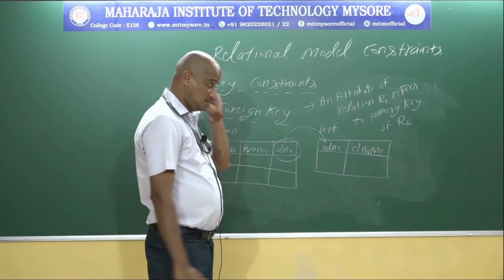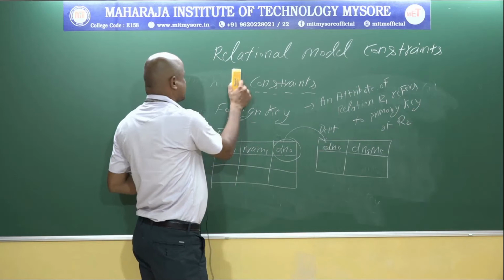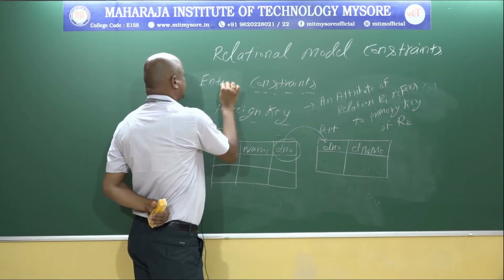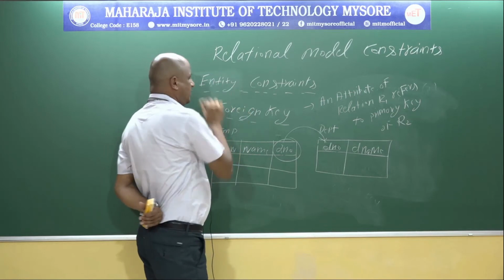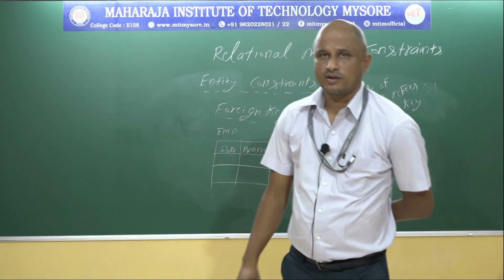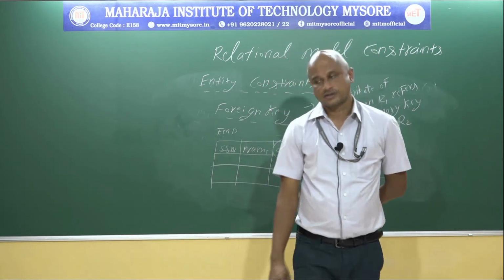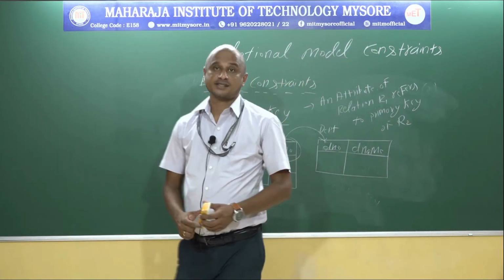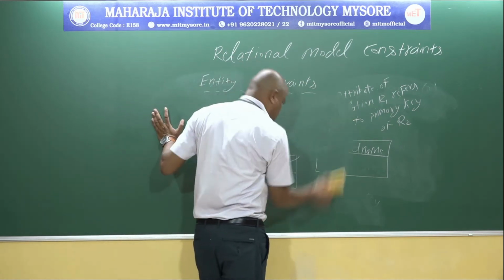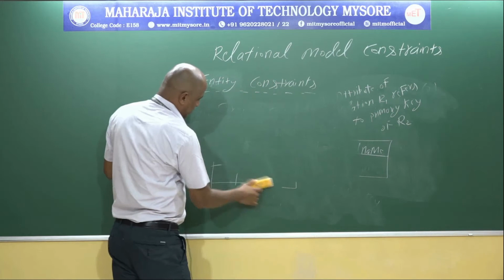Then I have some entity constraints, or relational constraints, which we talk about. You have two types: two rules that are defined on a particular table.